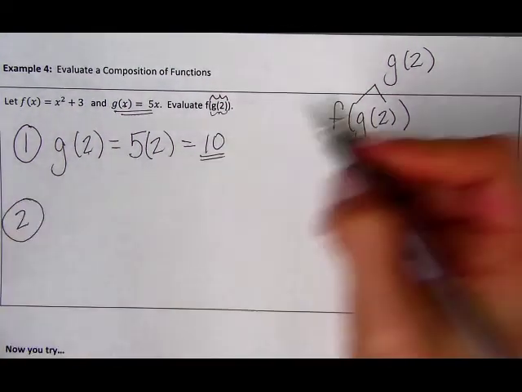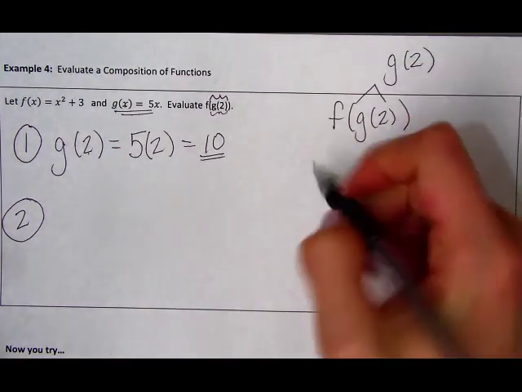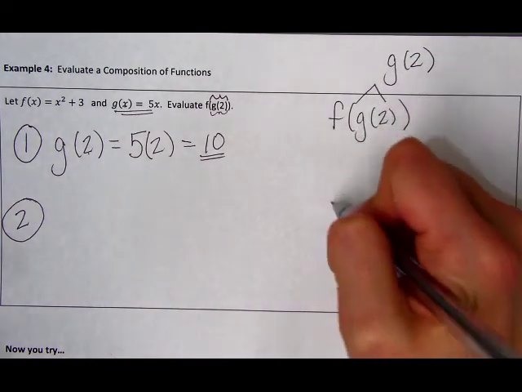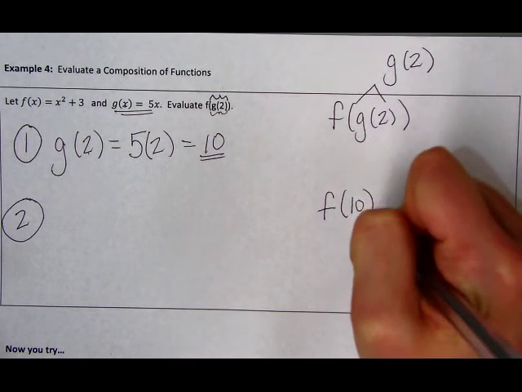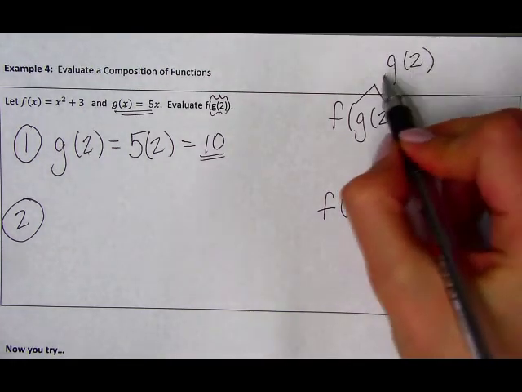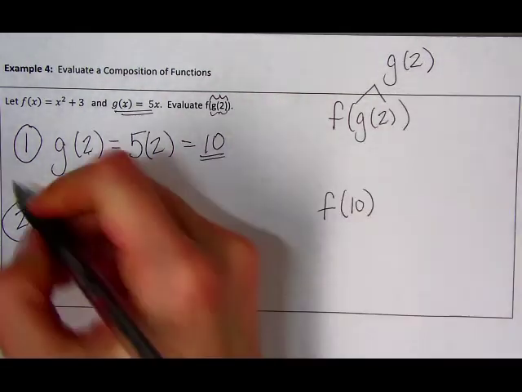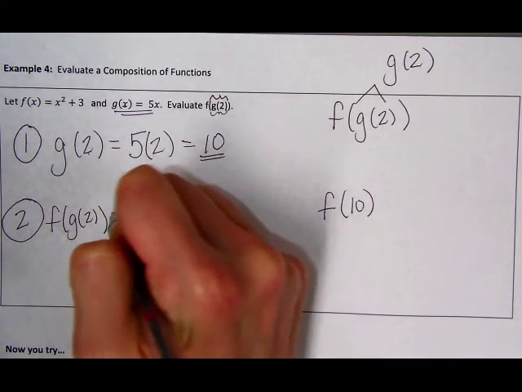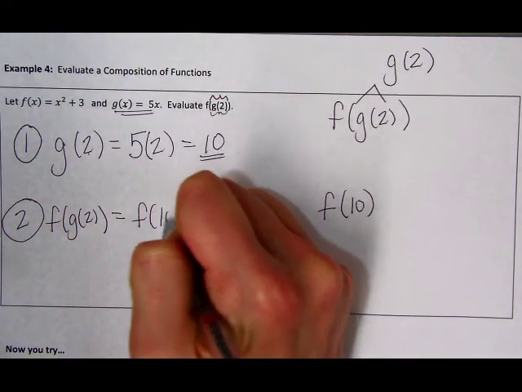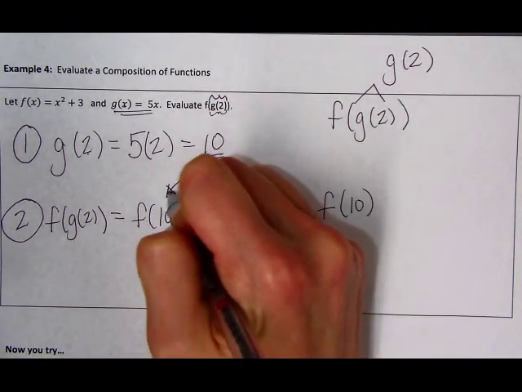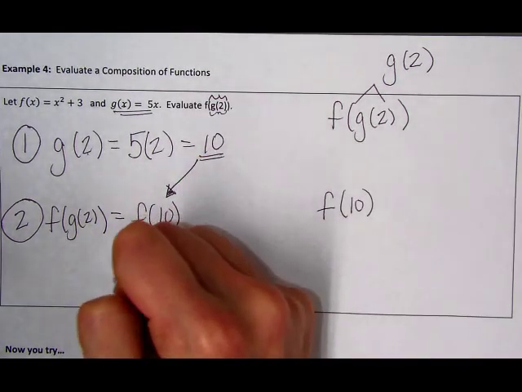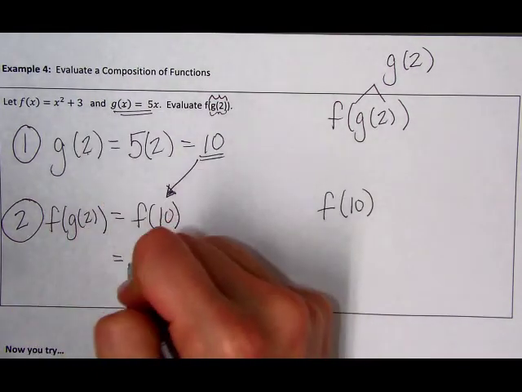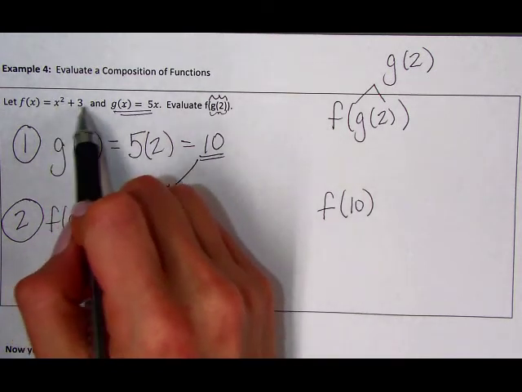Our second step: if g of 2 is equal to 10, then we're actually looking for f of 10, because we're taking the value we got for g of 2 and plugging it in. So f of g of 2 is the same thing as f of 10, because we're plugging in that answer for x. f is x squared plus 3.